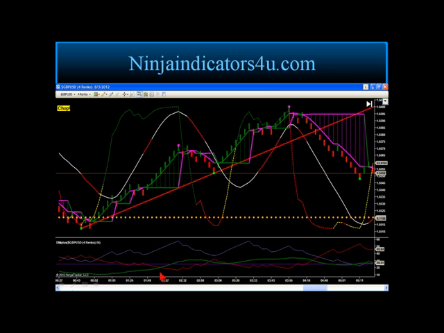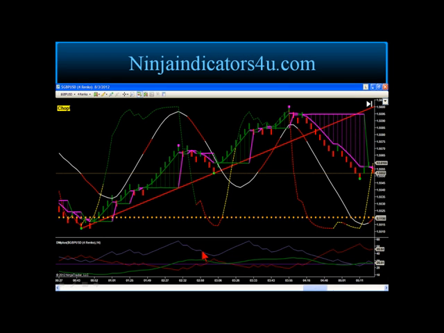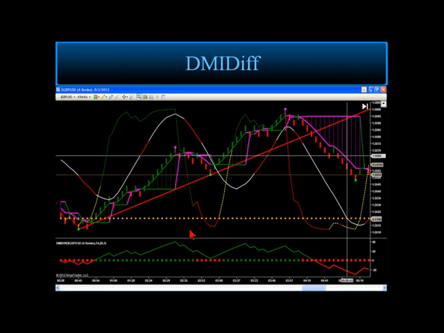The question is, does it have to be above a certain point to indicate a trend, or is it the direction of the indicator itself, or a combination of the two? So based on that indicator, I wrote the DMI differential, and I think you can see it's much easier to read than this. It's kind of like the optometrist says, better here or better here. Well, to me it's obvious it's better here.